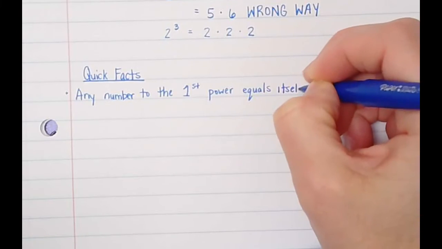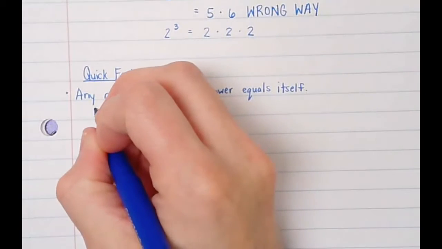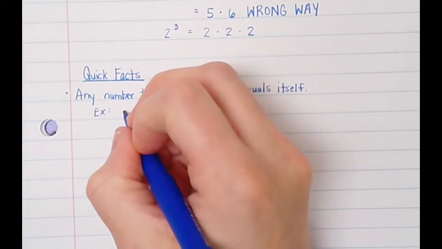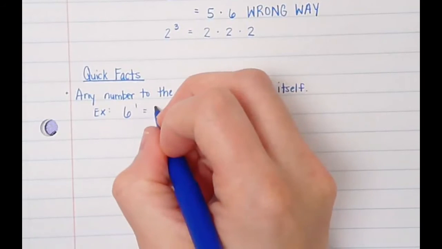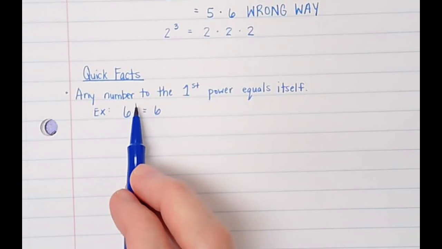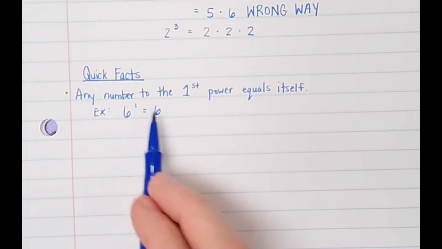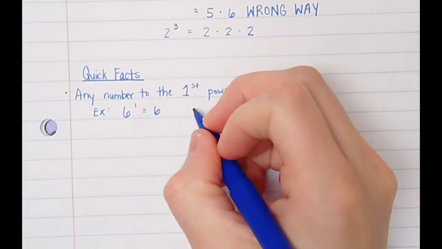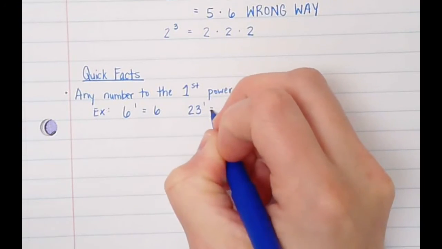What in the world does that mean? Well, what it means is if I have 6 to the first power, it just equals 6. Okay, because remember, this number right here tells you how many times to write this number. Well, if I'm only writing it one time, well, then it just equals 6. Even if it's 23 to the first power. How many times am I going to write 23?